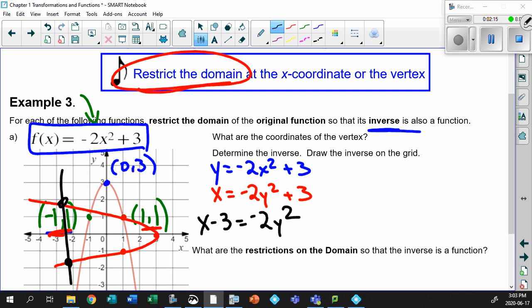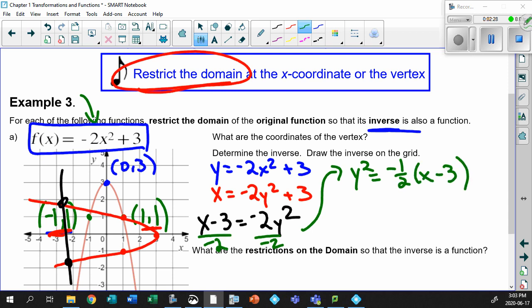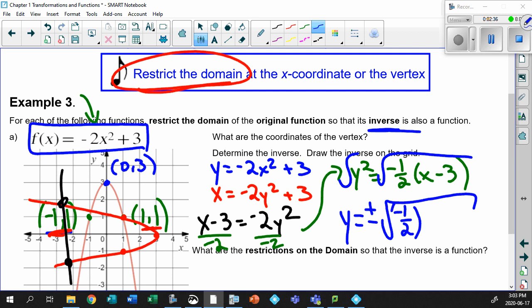You're going to divide both sides by -2. This is going to give you y squared equals -1/2 (x minus 3). And then you're going to square root both sides to give you y equals plus or minus the square root of -1/2 (x minus 3). This is ugly, isn't it?